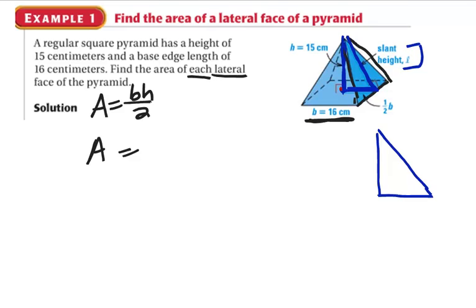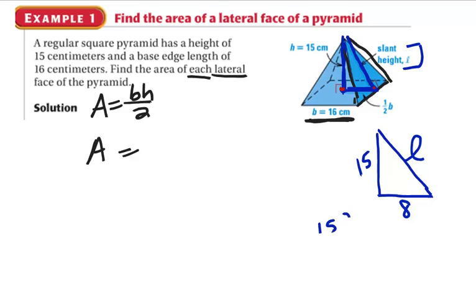Let's do that in red. Here's the center of the base, and it goes to the edge. And so that center of the base to the edge is going to be half, which is going to be 8. And then I have the height of the pyramid itself, which is 15. And so to get that l, that slant height, you're always going to be doing the Pythagorean theorem.